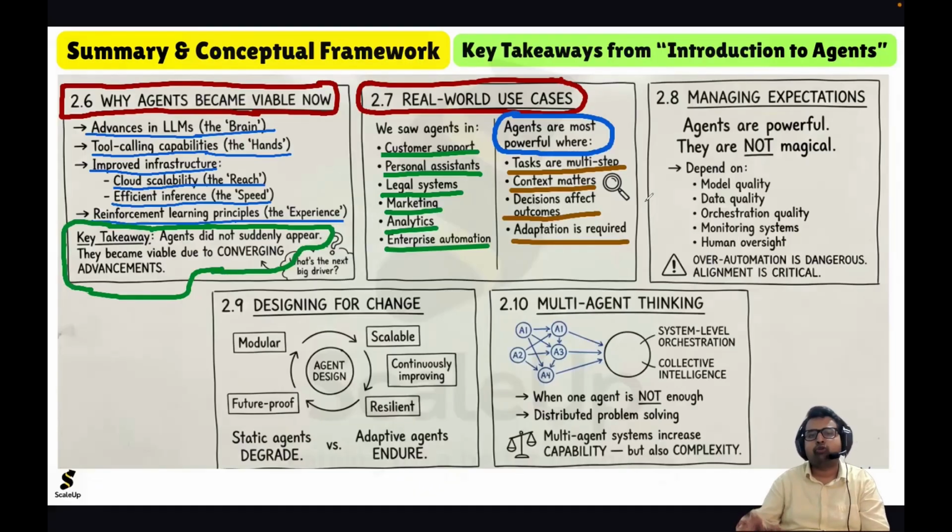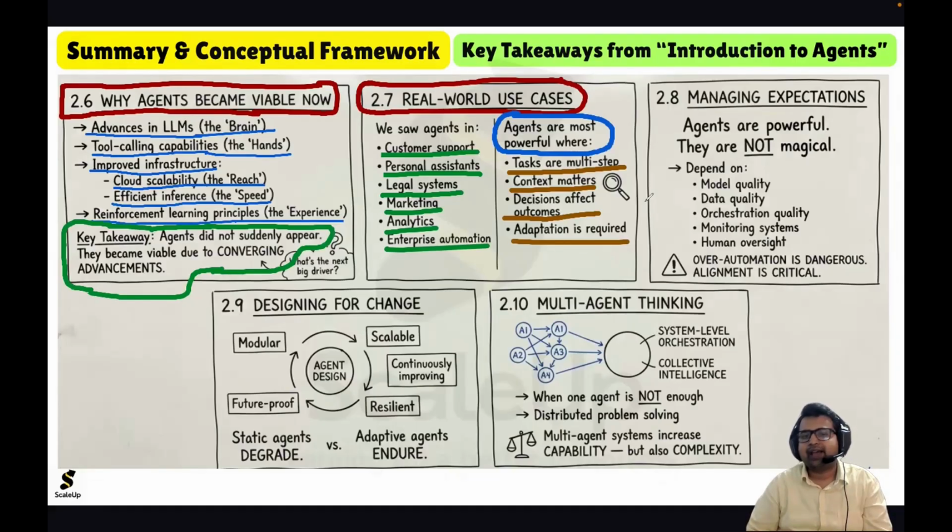There we should not go for agents. Agents will come into the picture only when we have to deal with uncertainty, when the system is exposed to the dynamic world where adaptation is required. That's a very important insight we looked into.